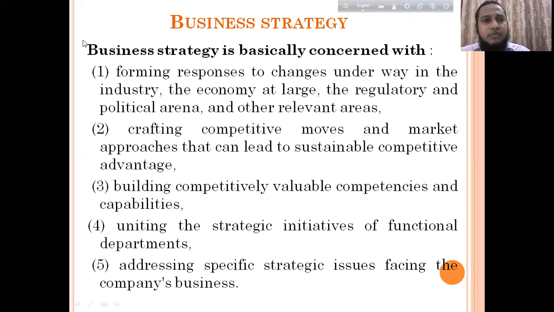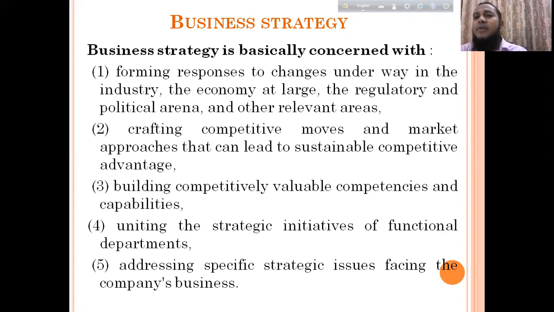Moreover, business strategy is concerned with crafting competitive moves and market approaches that can lead to sustainable competitive advantages. I mean, business strategy is concerned with those actions by which a company can achieve competitive advantages.